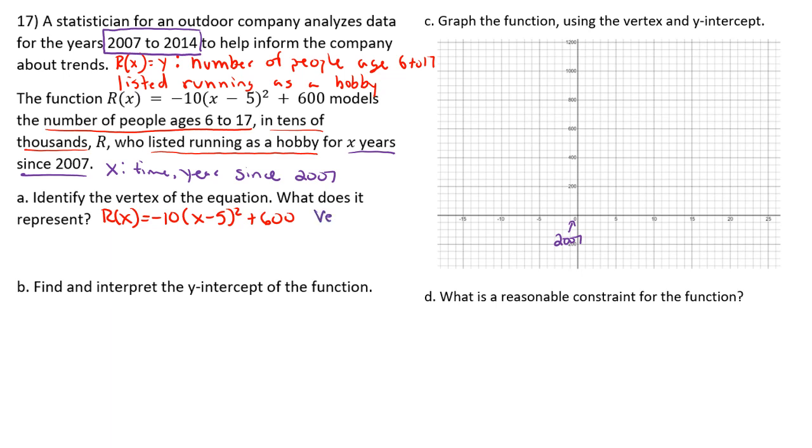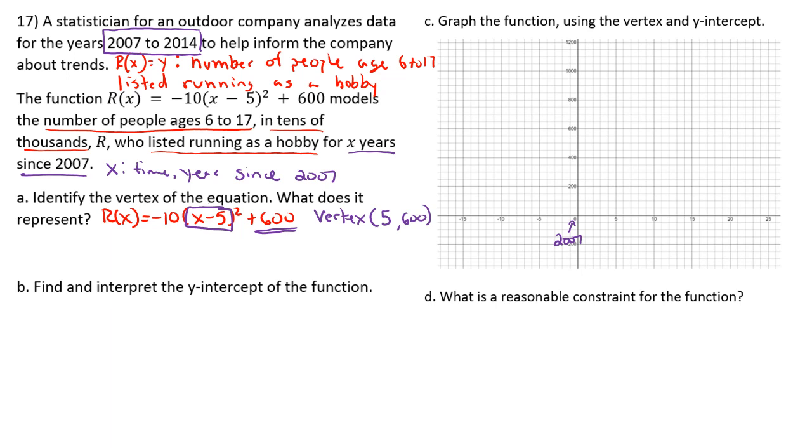So our vertex is going to be, once again, we look inside the parentheses, we switch the sign, so the first value is going to be 5, and then our back value, the k value, that's going to be 600. So our vertex is at 5, 600.